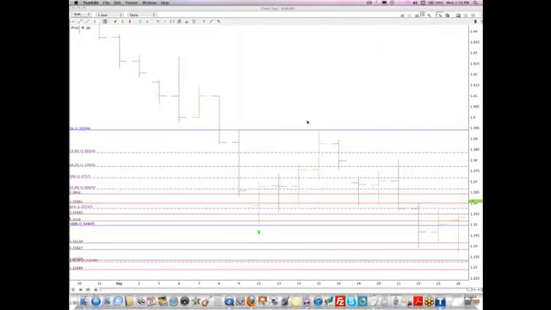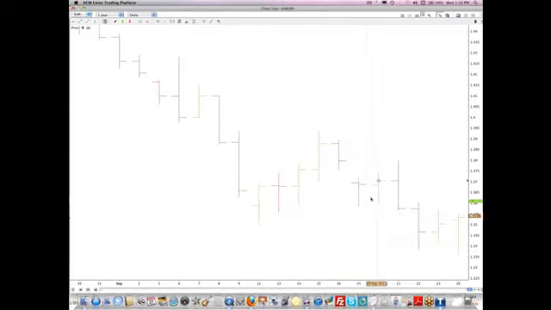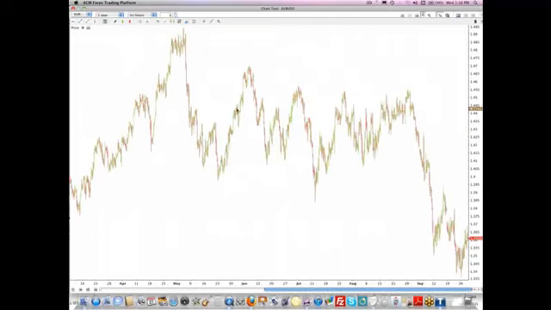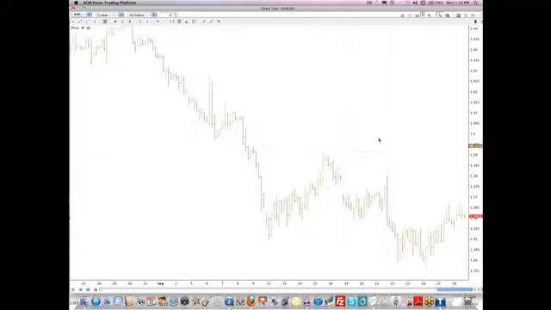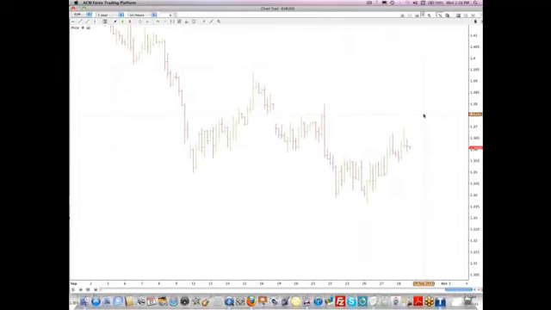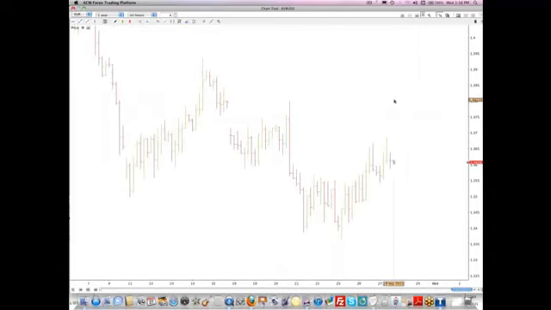Okay, so let's get rid of all this stuff, and we'll do a recent 4-hour. Why not, right? So we can take you through the steps. Okay, if we want to basically measure this marketplace, well, we have this supply point right here, and we go to the left to the last time the marketplace traded at the same price or higher.